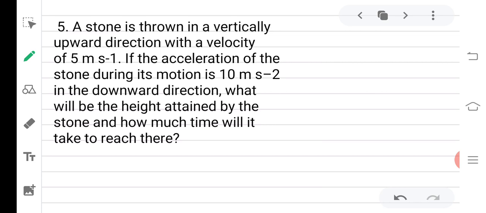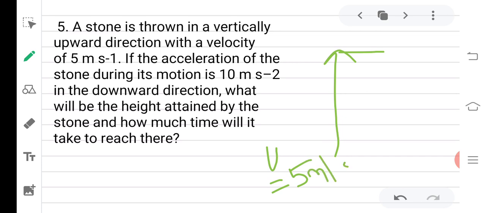So it is given that a stone is thrown vertically upwards and it reaches a height. So when it is starting, u is equal to 5 meter per second. When it reaches the top, the final velocity is 0 meter per second. When it is accelerated upwards, then a should be taken as negative.